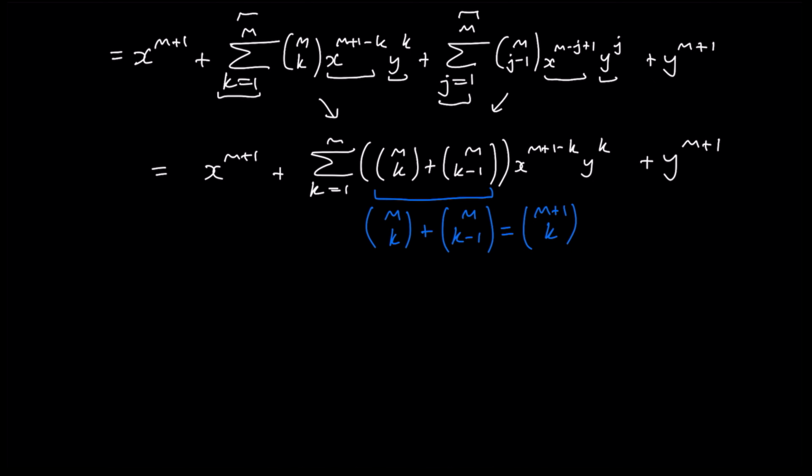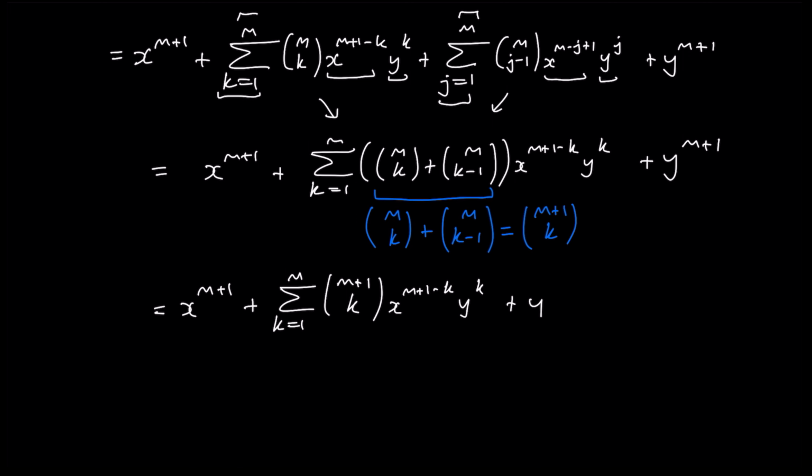So I can rewrite this as x to the m plus 1 plus this big sum from k equals 1 through to m of m plus 1 choose k, x to the m plus 1 minus k, y to the k, plus y to the m plus 1. And then what I'm going to do is add back in those end terms.